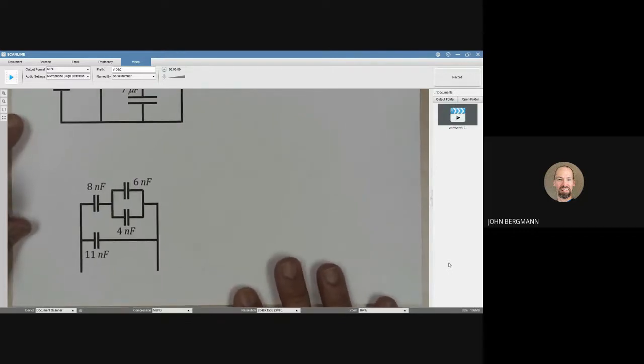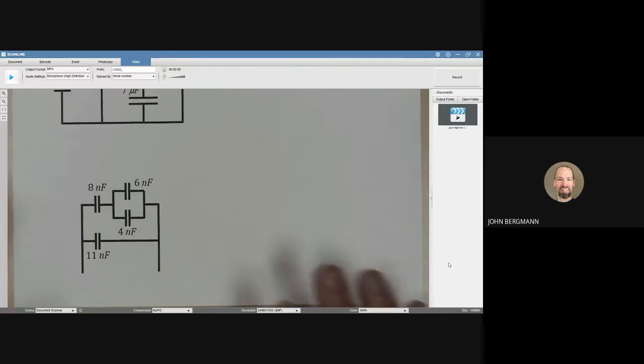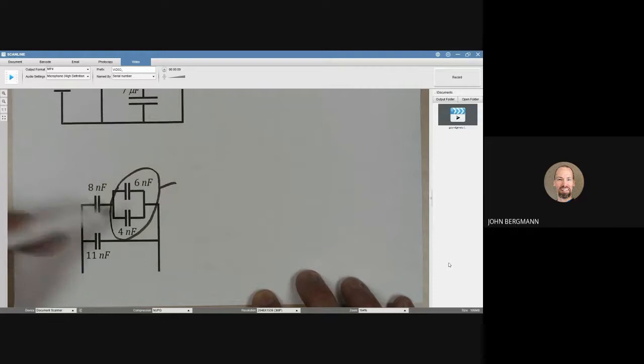Now you can see we have some capacitors that are in parallel, some that are in series, so we need to use the appropriate equation in the appropriate way at the appropriate time to get our final answer. Mentally, what we're going to do here is take these two capacitors, and if we were to tear those out and just put one capacitor there in their place, we're just pretending now, what would we have for that capacitance?